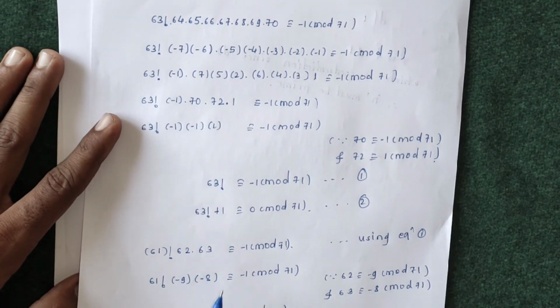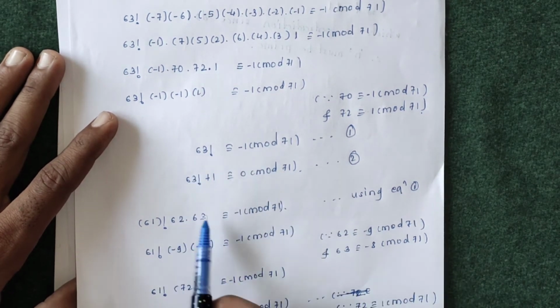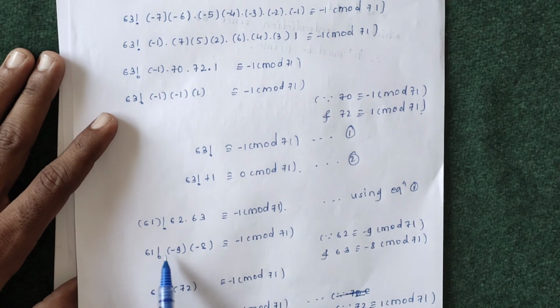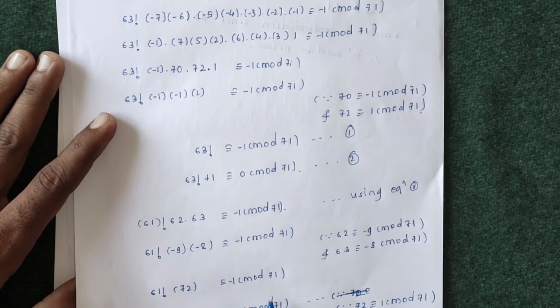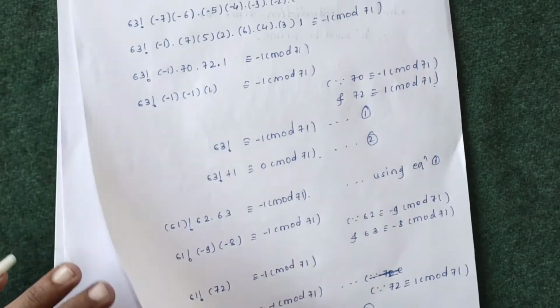Similarly in this second part, that is for the second congruence, rearranging this equation, that is 63 factorial in this manner, and taking these 62 and 63 under modulo 71 we get these numbers, and multiplying these and taking under modulo 71 we get 61 factorial plus 1 is congruent to 0 mod 71.